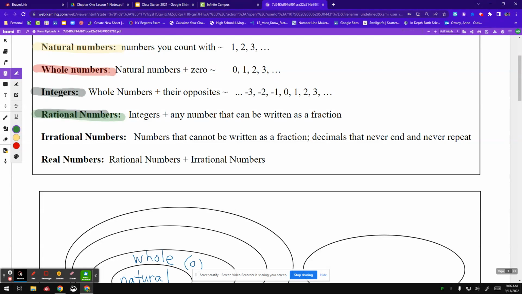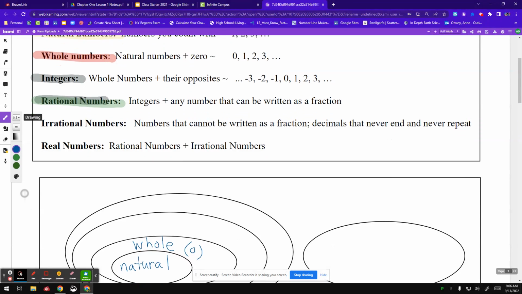So for example, 5 can be written as 5/1. So rationals are all of the decimals and fractions, but they also include all this stuff too. So rationals are a really big set because they include everything we've been talking about.